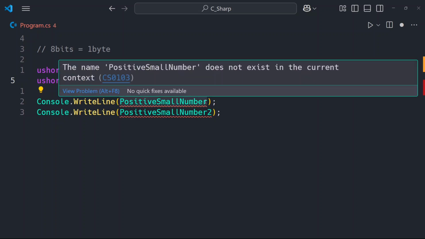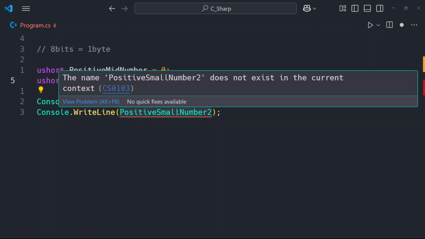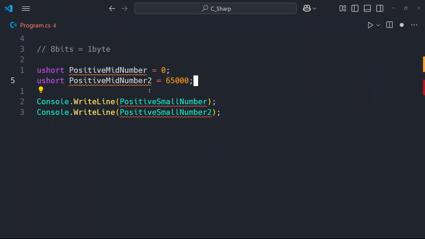Anyways, you can use it for like pixel values, and I don't know what else you would use it for.